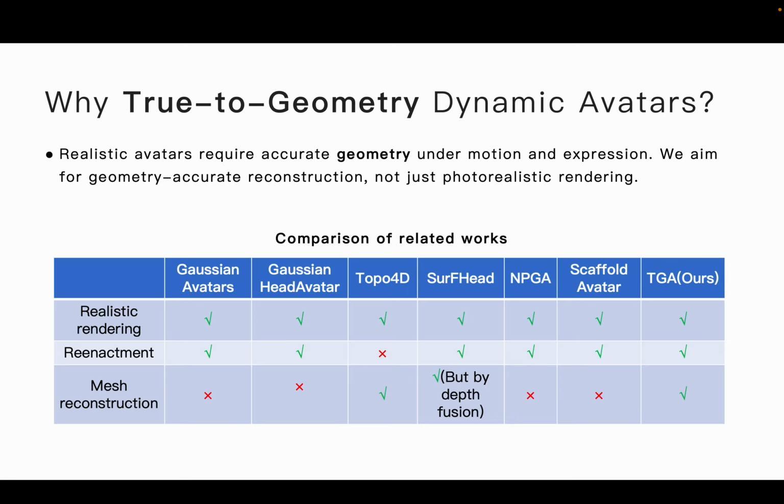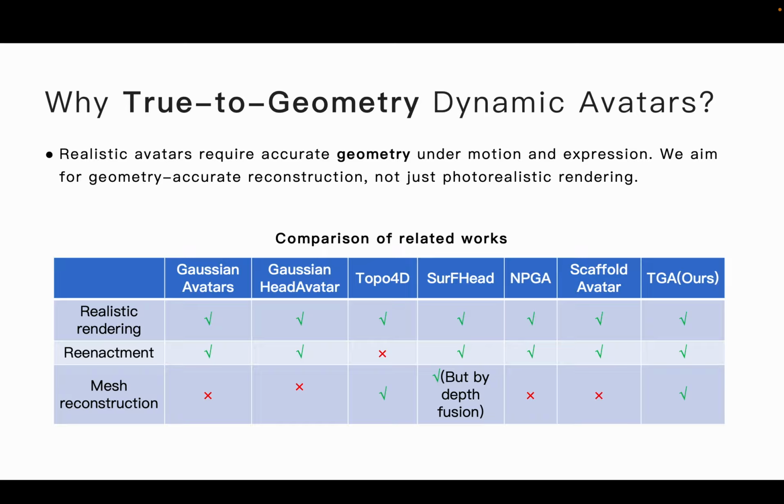facial motions. In many recent 3D Gaussian-based methods, such as Gaussian Avatars or Gaussian Head Avatar, the focus is mainly on photorealistic rendering, capturing how the face looks rather than how it is shaped. These methods can produce visually appealing results, but their underlying geometry is often inaccurate or unstable.